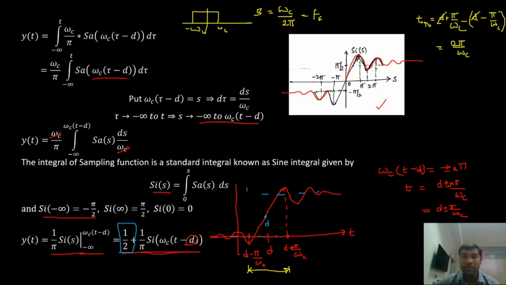This is my bandwidth. Now if I substitute that here, tr is equal to 2 pi divided by omega c, and here I have omega c divided by 2 pi, that is into 2 pi.